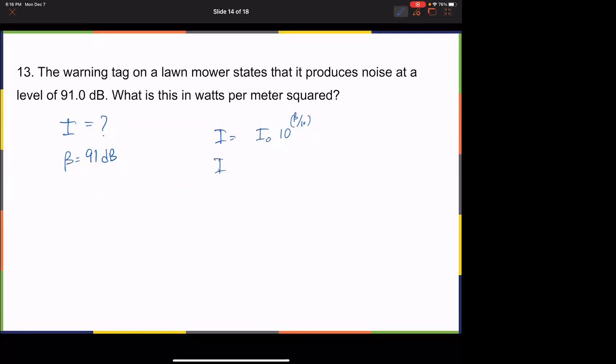So I equals 1 times 10 to the minus 12 times 10 to the 91 over 10. And we have to make sure we can put this in our calculators.